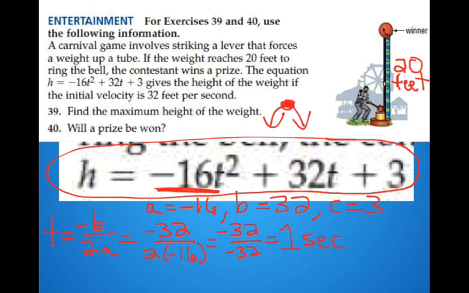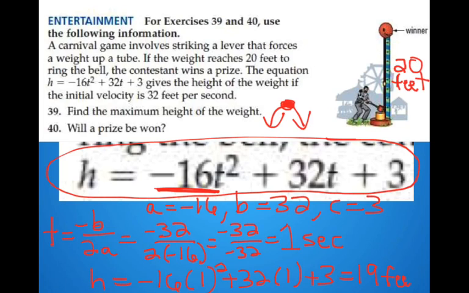So now we need to figure out what that maximum height is. So we just need to plug in a 1 everywhere there's a t. So -16 times 1 squared plus 32 times 1 plus 3. So -16 plus 32 is 16, plus 3, and that's 19.